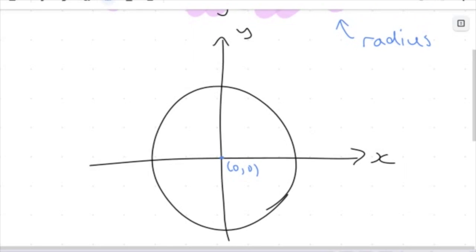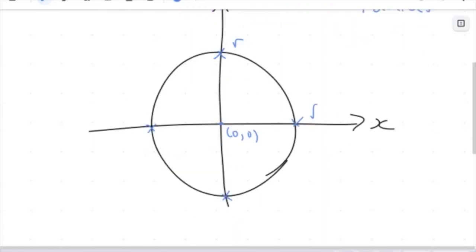The center is at 0, 0, and each length out to the edge of the circle, or the border of the circle, is the length of r. So from 0 up to this point, this is a length r. From 0 across to a positive x value, this is also a length r.